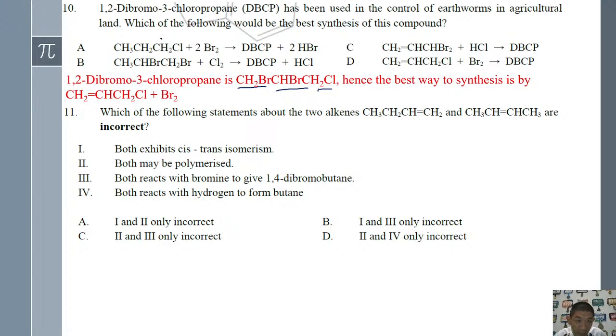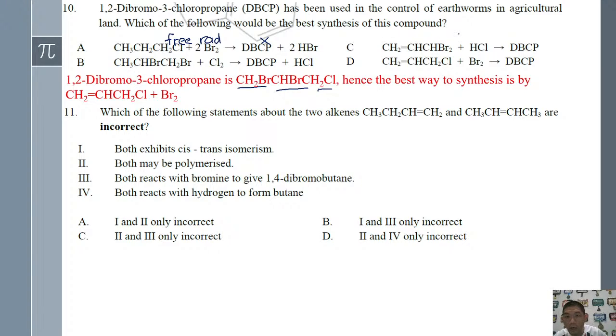Since this is an alkane, because it is a random reaction, it might not necessarily give the reaction product, because when it is a free radical, any product is possible. So A is not the best answer. Whereas this one, what is the product given in here?